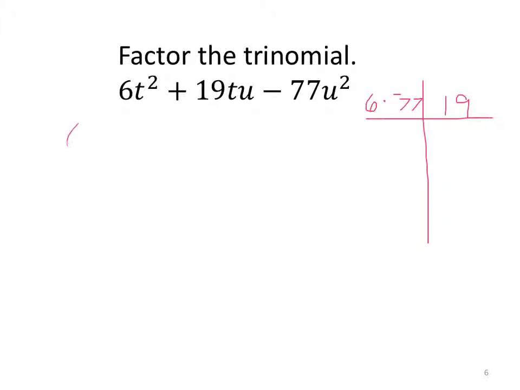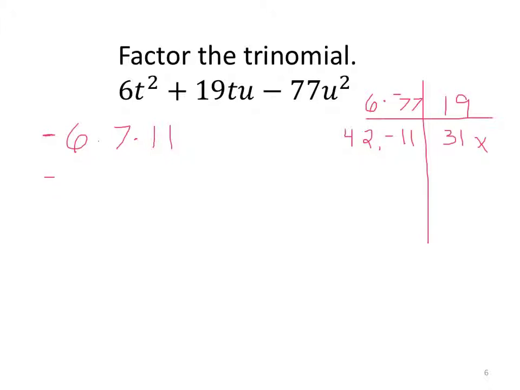But I know that we have 6 and we have 77, which is 7 times 11, and it's going to be a negative. So I need some combination of factors that are going to add to 19, or actually that their difference will be 19. If I have 6 times 7, that's going to be 42, and the difference of 42 and 11 is not 19. So 42 and negative 11 won't work. They'll give us 31.